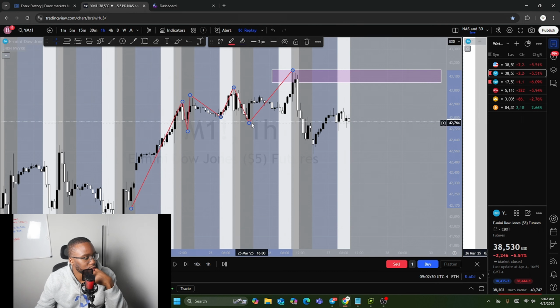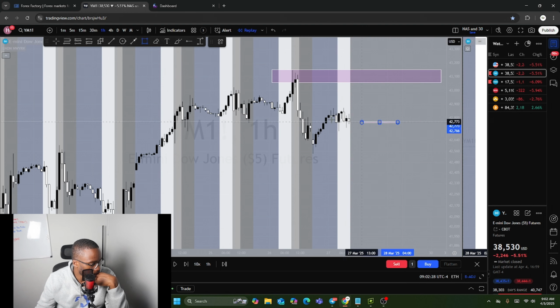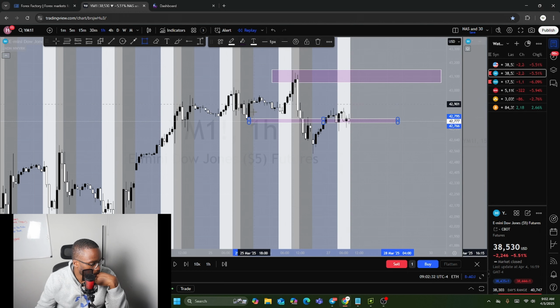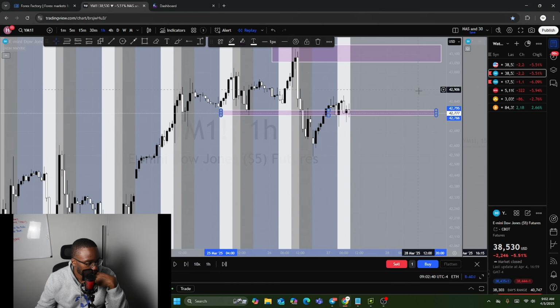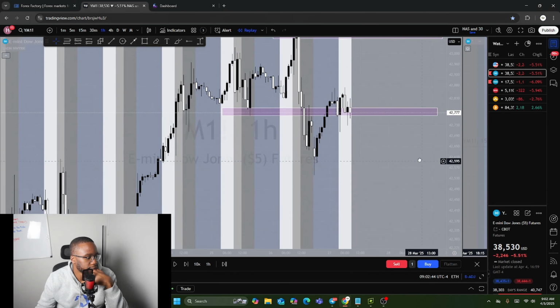I probably just used the most recent low that got broken. The structure low that got broken. Yeah, I probably just use this. Yeah, I'll use that.